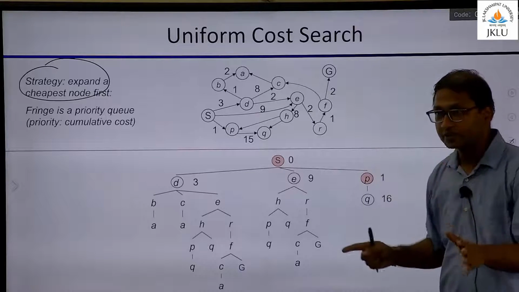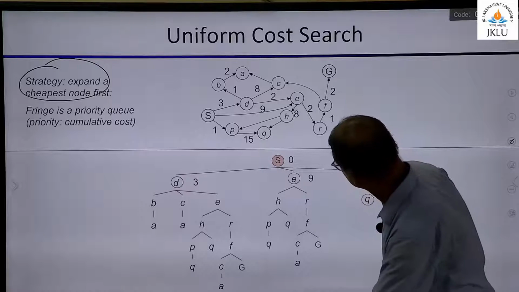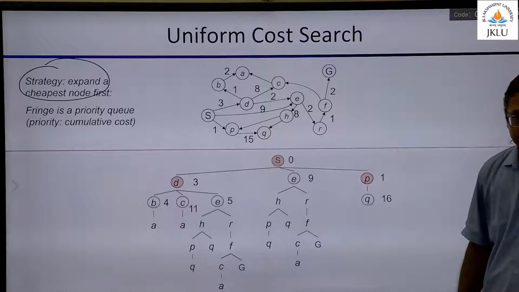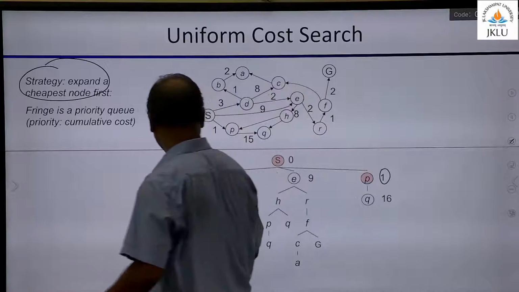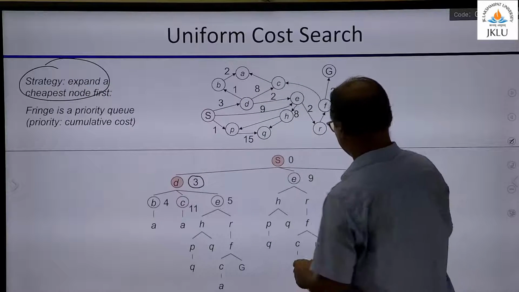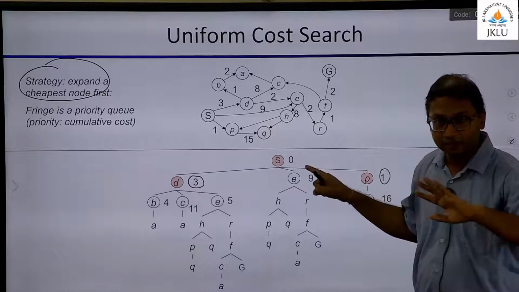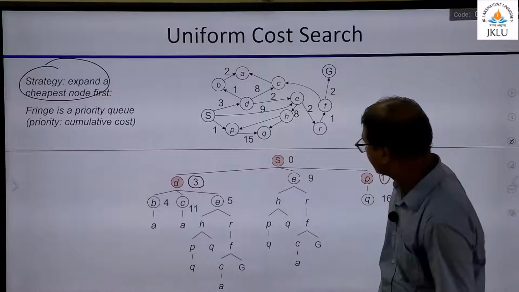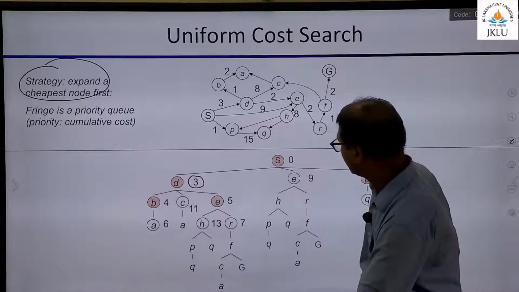Now tell me my fringe. Okay. Next D, because this was 1, now this is 3. Next. Now I need cost above 3 but below 9. So whatever that is. Okay. Next.